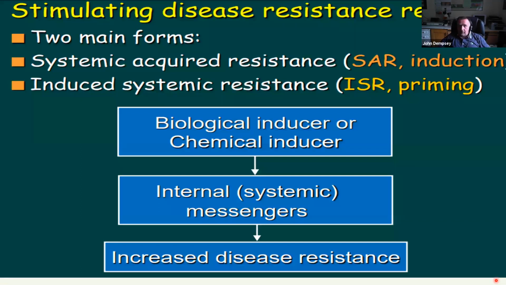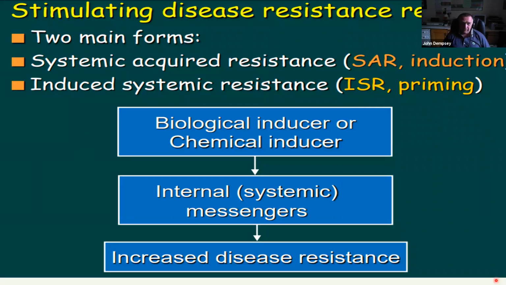So there are 2 types of this whole plant systemic response. You can have what's called systemic acquired resistance, or induced systemic resistance.